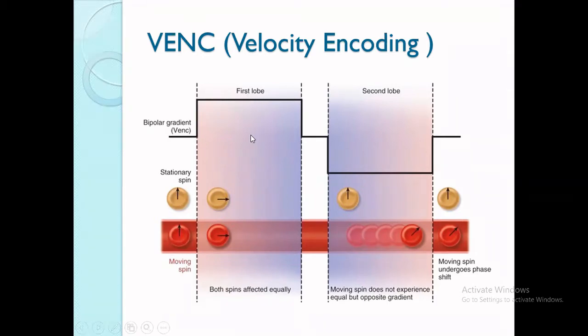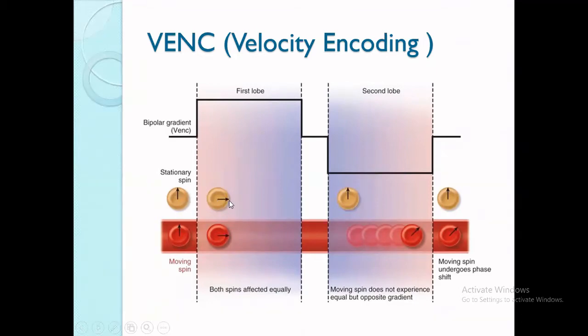When the first gradient is applied, the change will be similar for both of them. How? Have a look at this. The spins are in the longitudinal magnetization. The longitudinal magnetization for the moving spins as well as for the stationary spins is at the maximum. But if you apply the gradient, both of them will be shifted in this direction.